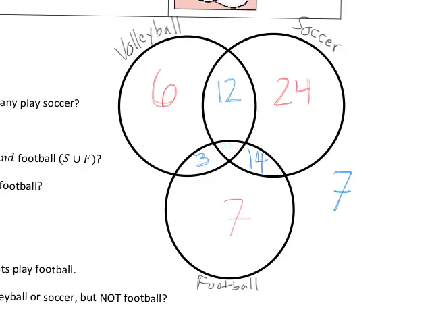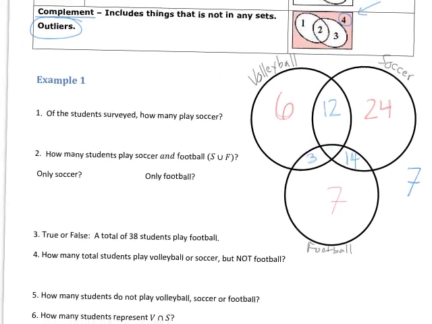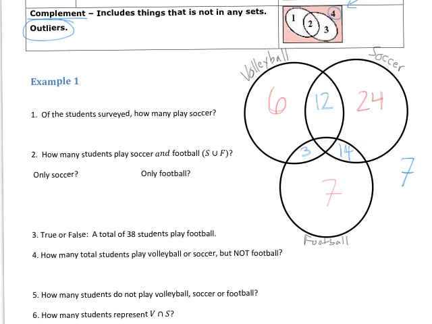So let's look at a couple of examples here. Example 1, of the students surveyed, how many played soccer? So to do this, I would highlight just the soccer. We'll say, okay, well, how many students is that? Well, I would add up the 12, the 24, the 14, and the 32.